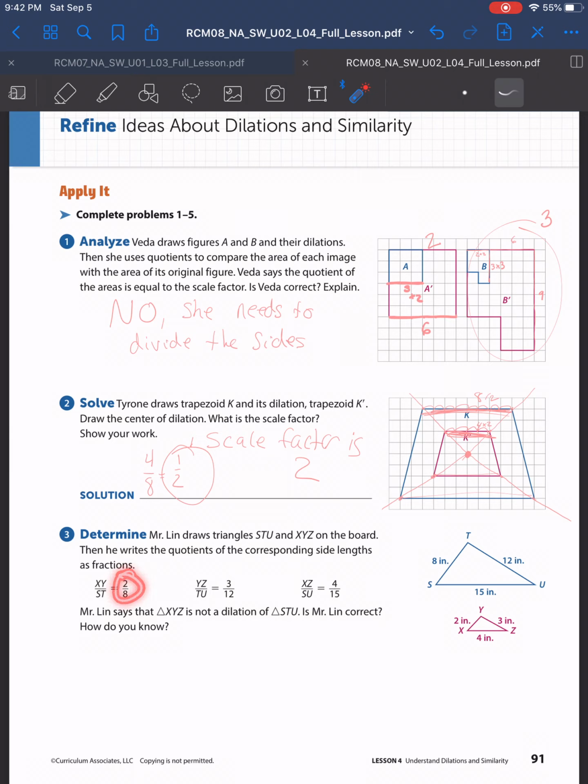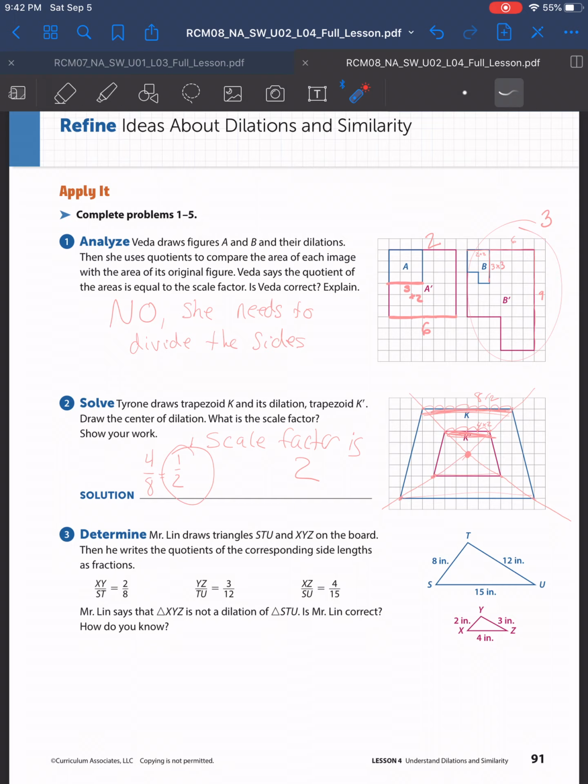That works. And then he says YZ over TU, so it should be 3 over 12, which it is. And then he says XZ over SU, so it should be 4 over 15, okay? He says that triangle XYZ is not a dilation of STU.